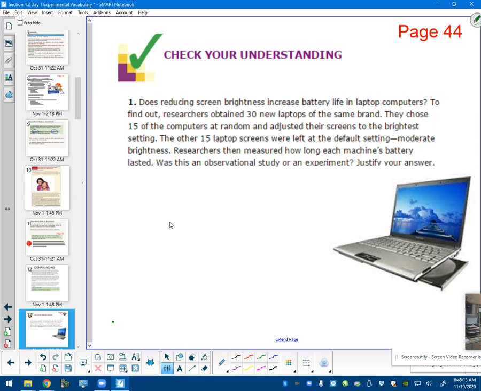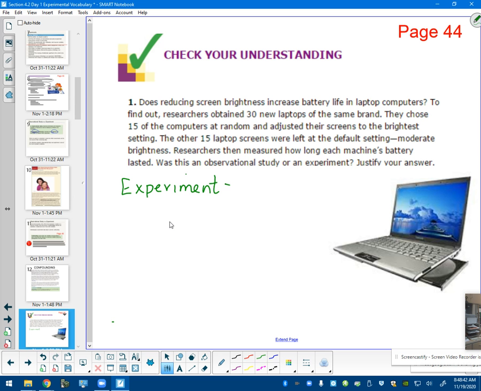Okay, so here's my question. Did somebody do anything to the computers? Oh, they changed 15 to the maximum and just left 15. Yes. So they didn't just open up all the computers and sit there and watch them. Some of the computers got a treatment, and that was changing it to the maximum brightness. So this is an experiment.